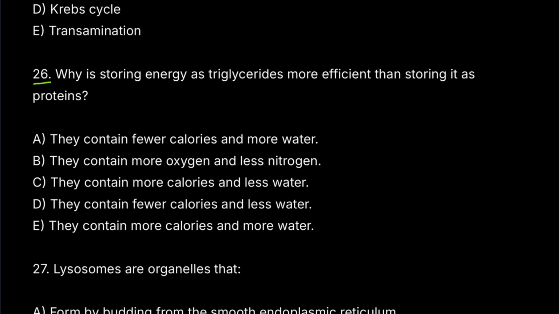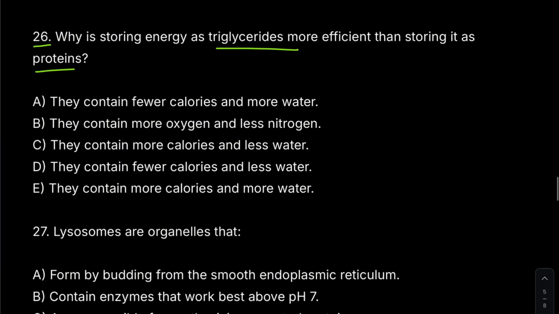Question number 26. Why is storing energy as triglyceride more efficient than storing it as proteins? The correct answer is C. They contain more calories and less water. Triglycerides are the body's most efficient long-term energy storage molecules.